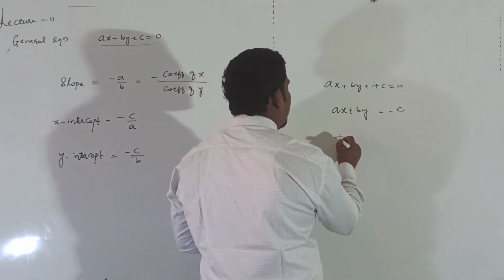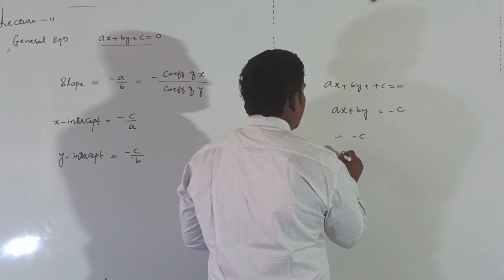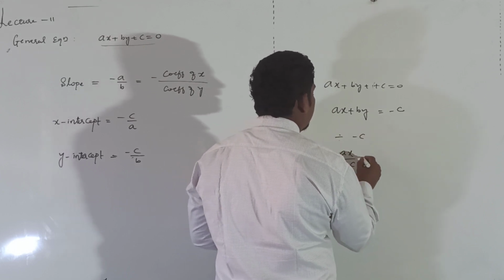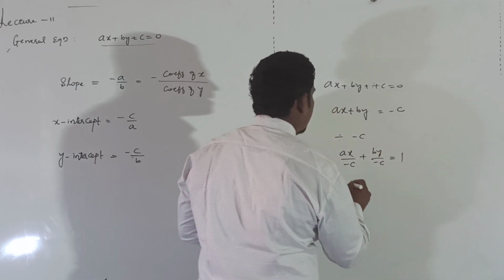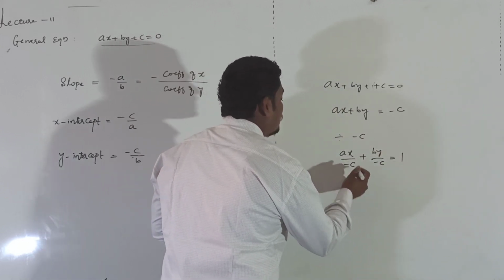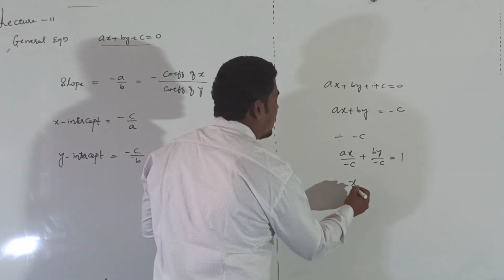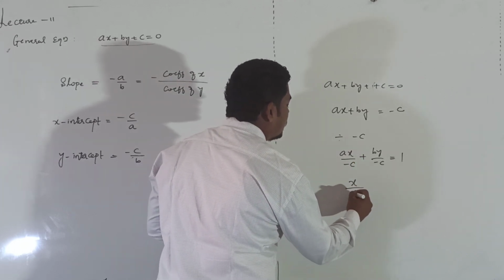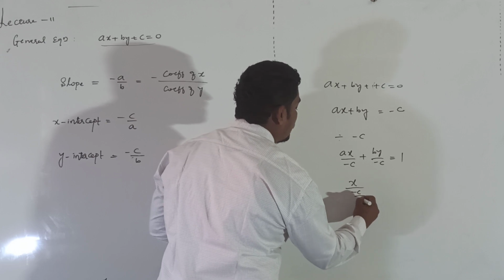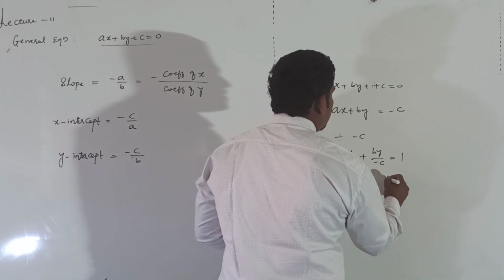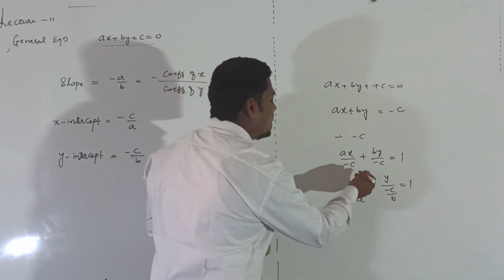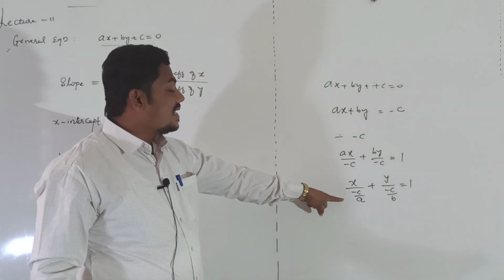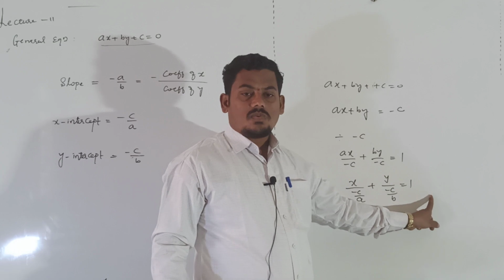So after that, dividing by minus c, it will be ax divided by minus c plus by divided by minus c, equal to 1. After that, take this a into the denominator, then it will be x divided by minus c divided by a plus y divided by minus c divided by b equal to 1. Now it is like x by a plus y by b equal to 1.